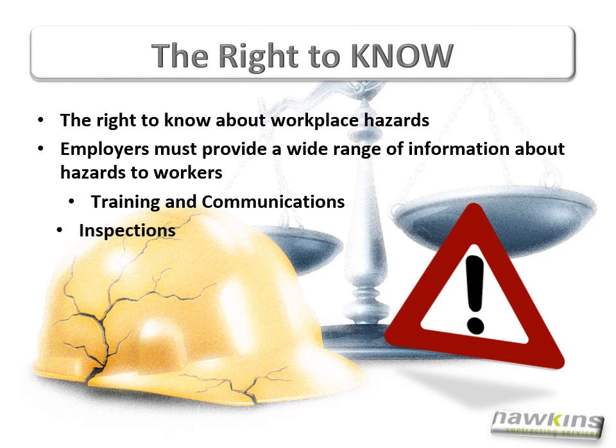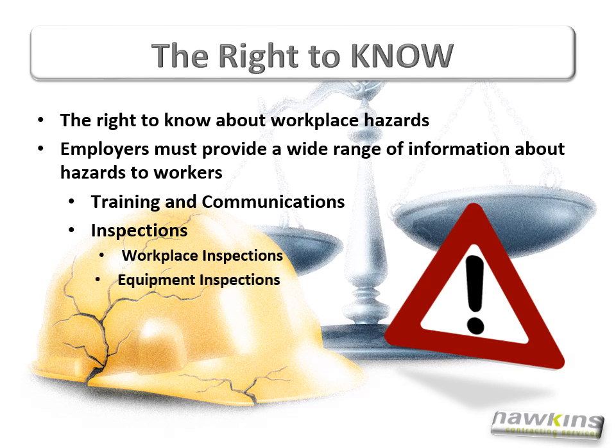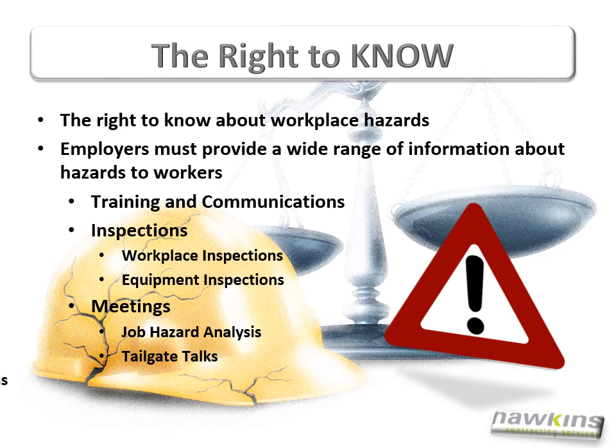Employers must provide a wide range of information about hazards to workers, such as training and communications, inspections like workplace inspections and equipment inspections, and a variety of meetings like the job hazard analysis, tailgate talks, emergency preparedness plans, and reviews.